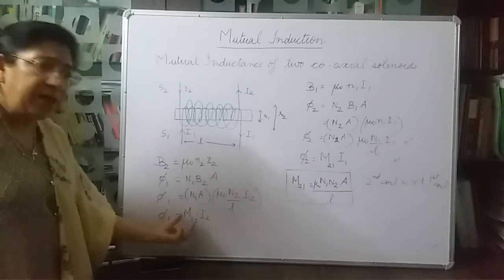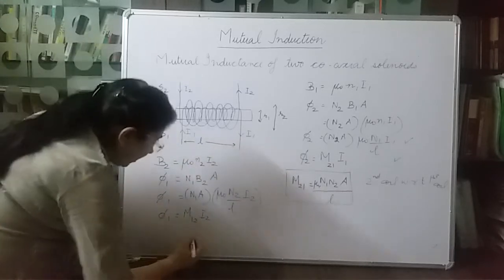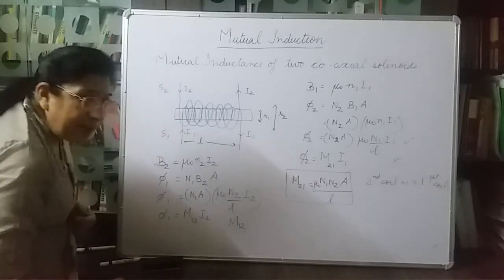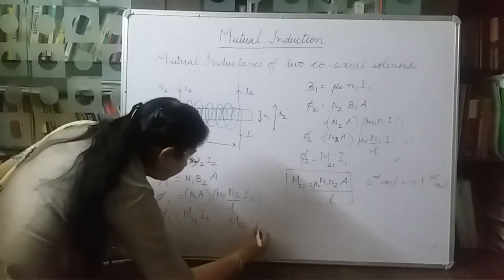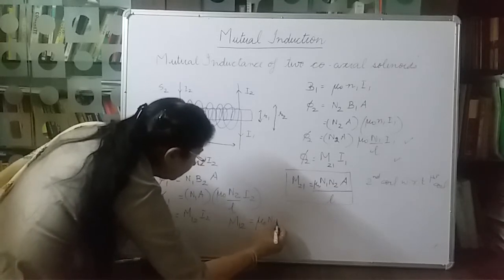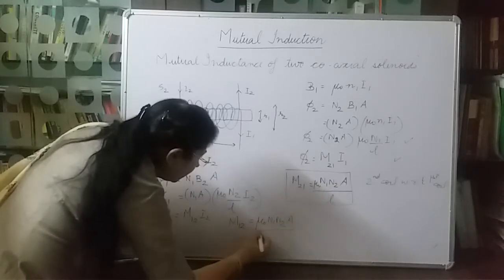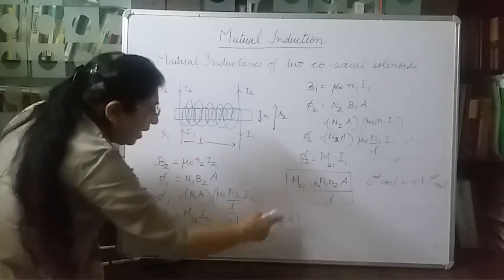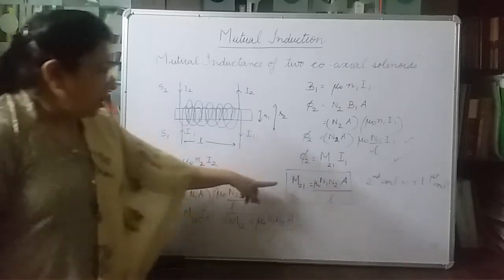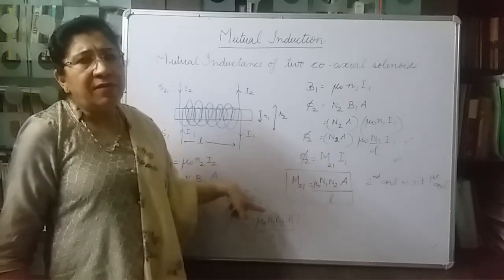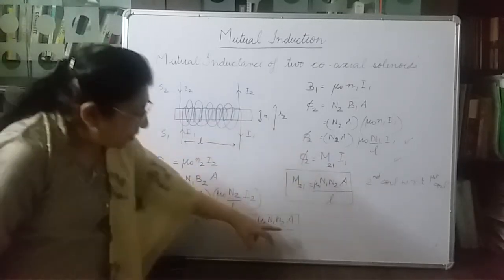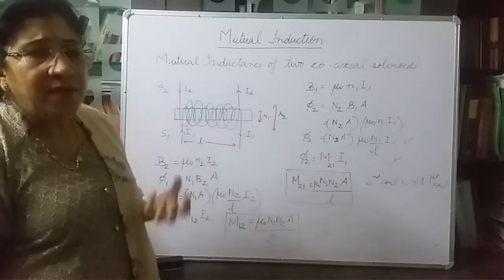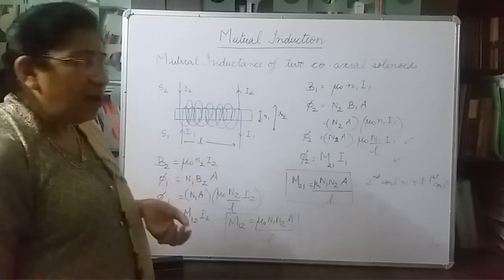It is equal to M into I. So the mutual inductance of the first coil with respect to the second coil is the same as the mutual inductance of the second coil with the first. Here A is taken as the area of cross section. The mutual inductance will depend upon the common area of cross section.